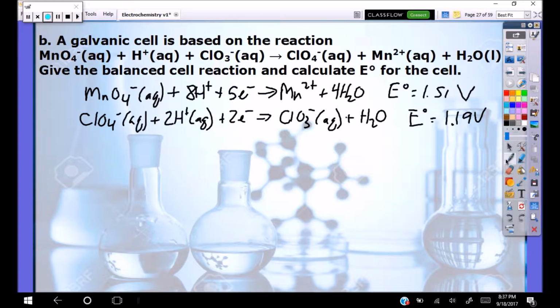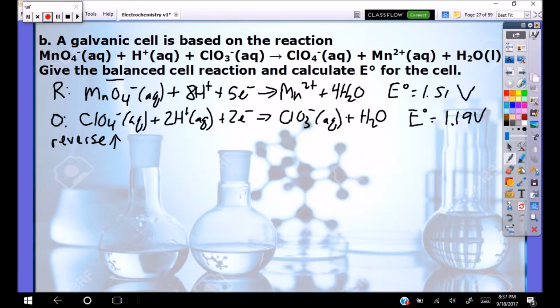Okay, so we can label that as our reduction step. And if this is our reduction, then this can be our oxidation. You can even just look at it from the stance of, we see the permanganate ion on the reactant side, whereas my perchlorate ion should be on the product side. So we know we're going to have to switch the second equation because the ions are on the wrong side. So let's reverse this.